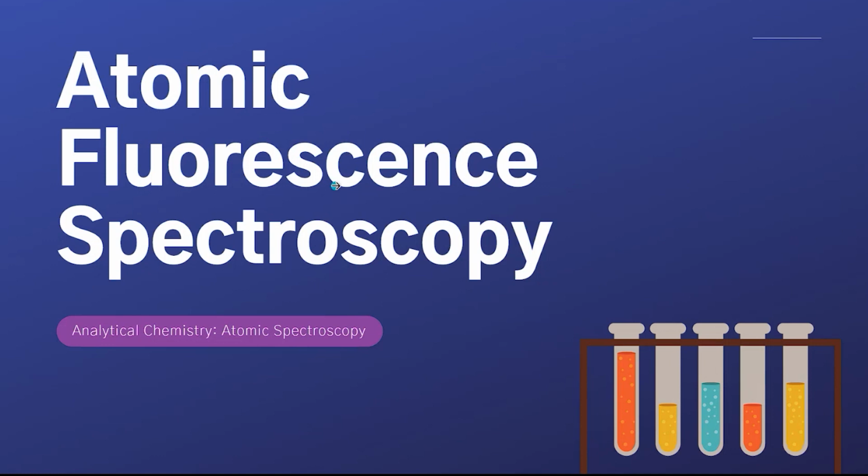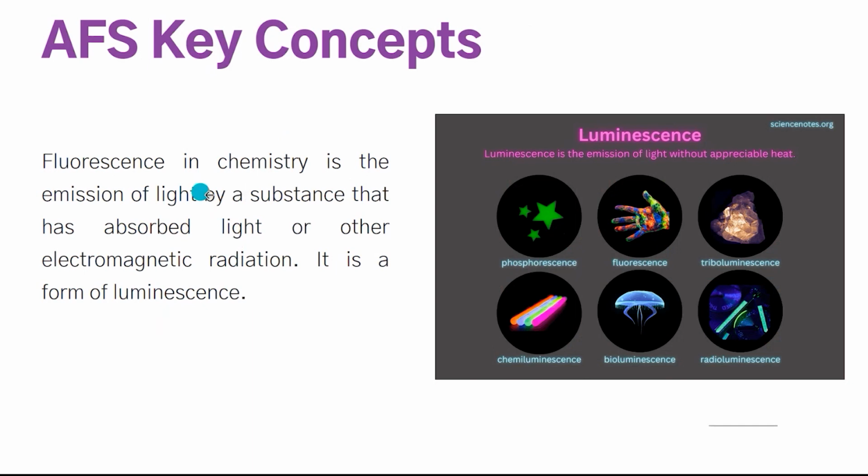In this context, fluorescence carries a different meaning. In normal terms, fluorescence may refer to an individual who is energetic. In chemistry, it refers to the emission of light by a substance that has absorbed light or other electromagnetic radiation.